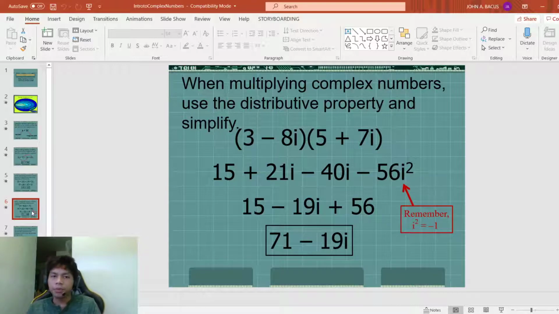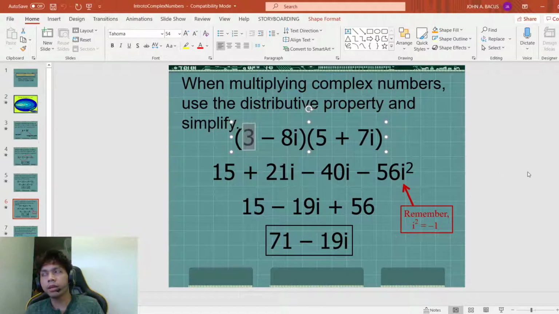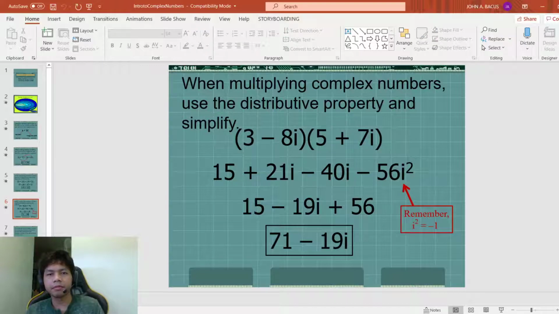Now, with multiplying complex numbers, again, just the same as in your previous lesson, just distribute. The FOIL method: first, outer, inner, last. The first terms are this one and this one: 3 times 5, so you have 15.